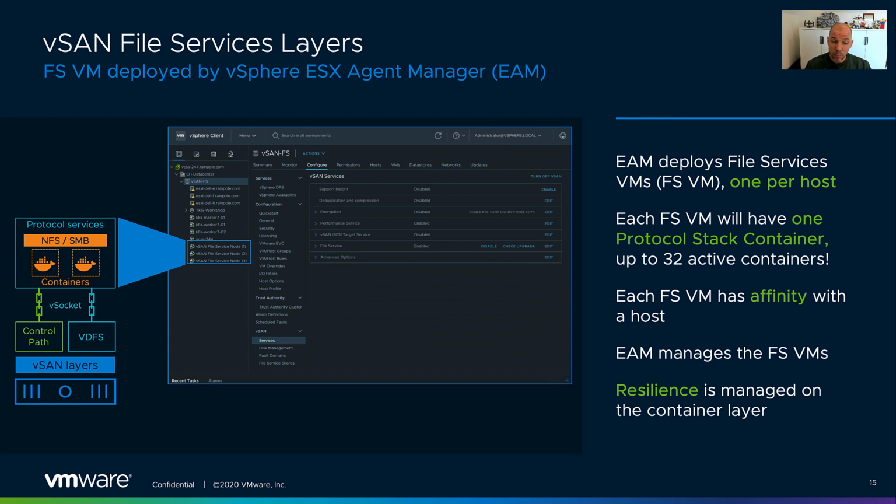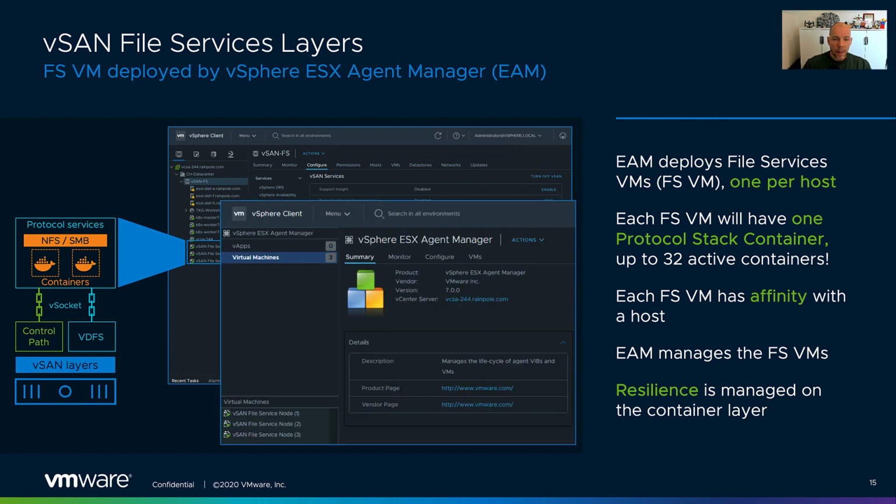From a performance standpoint, of course, these file services virtual machines actually use the vSocket API, so a VMCI interface, which is basically a PCIe interface within the virtual machine that is capable of directly communicating with the vSAN kernel modules. So from an efficiency perspective, it is highly efficient.